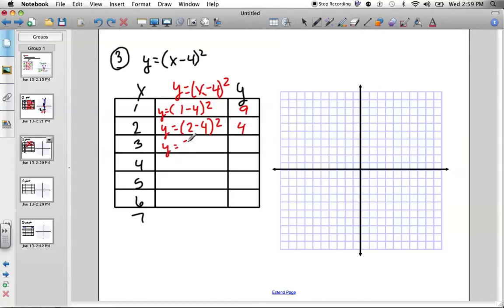When we input 3, we have a value of 1. You input 4. 4 minus 4 is 0. 0 squared is 0. Input 5.